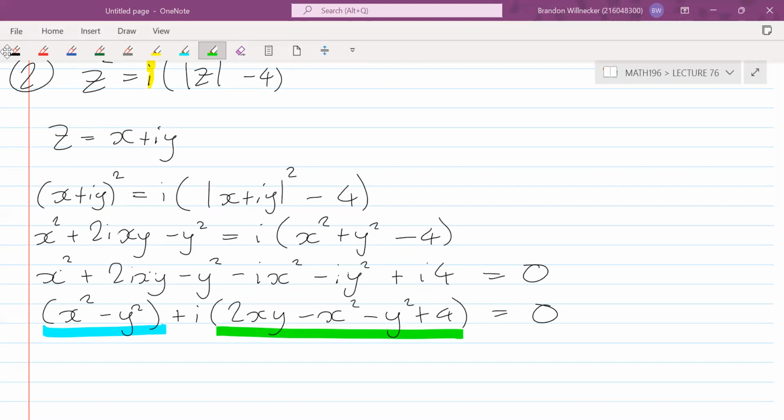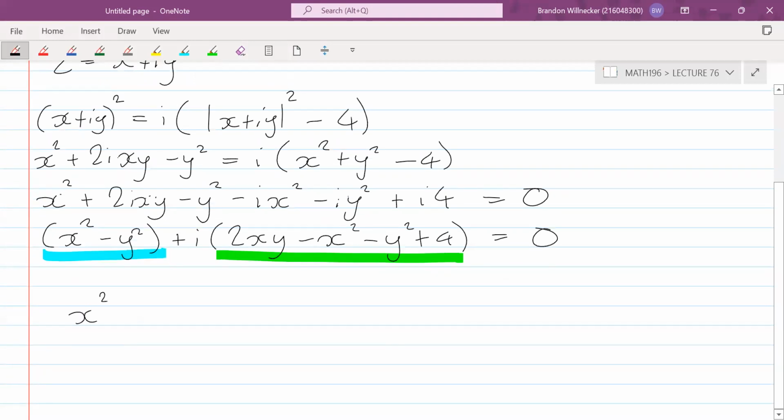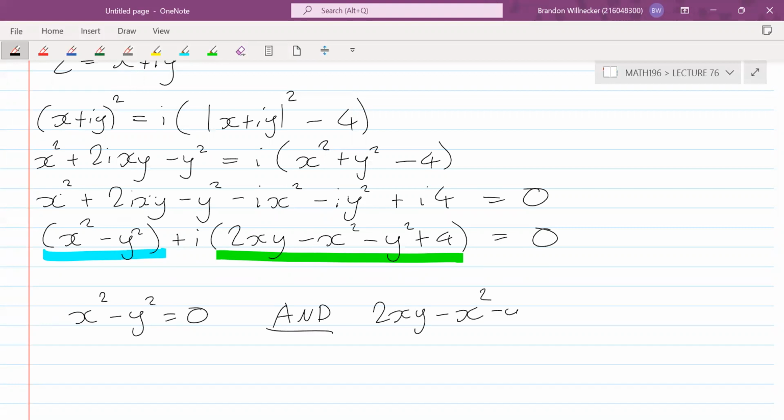Again, if it's equal to 0, that means the real part is equal to 0 and the imaginary part is equal to 0. So that gives us 2 equations to solve. For the first one, we get x squared minus y squared is equal to 0. And the imaginary part must also be 0. So we have 2xy minus x squared minus y squared plus 4 is equal to 0.